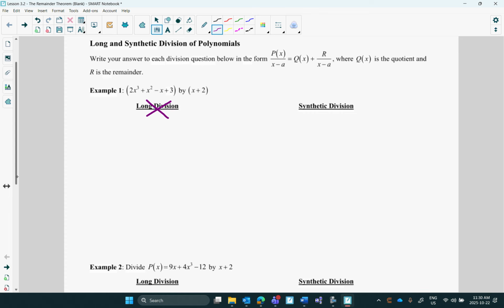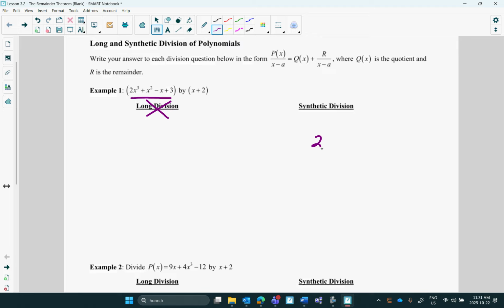So to use synthetic division, I have to take the coefficients and the constant of the polynomial I'm dividing into and just write the coefficients. Looking at what we're dividing into, starting with the highest exponent, what's this coefficient? 2.